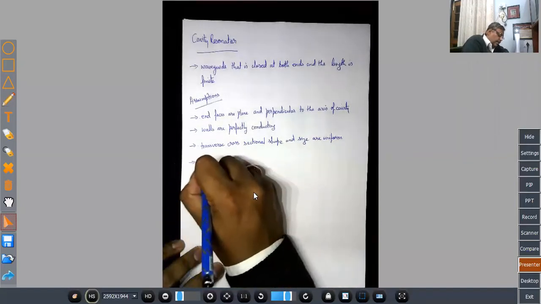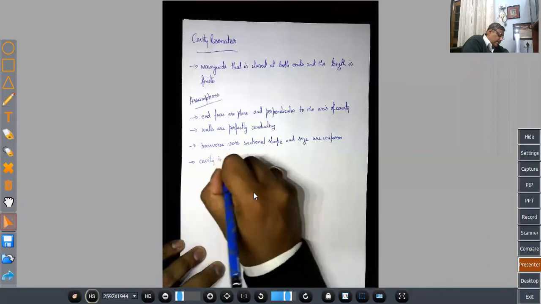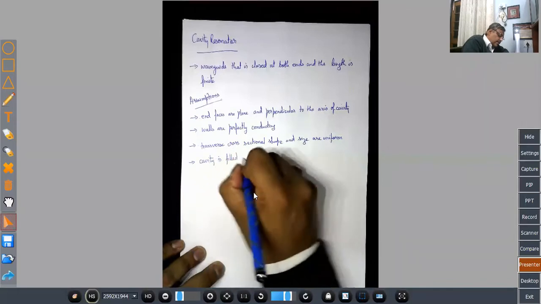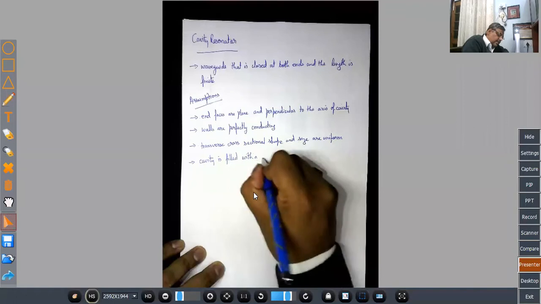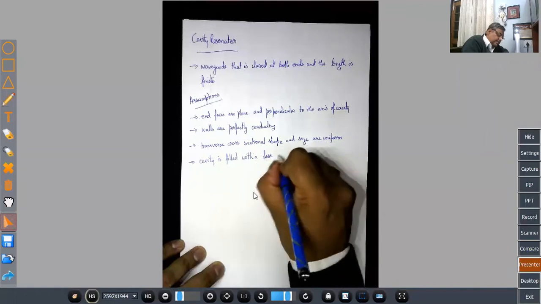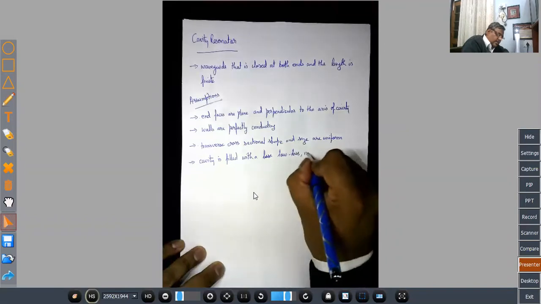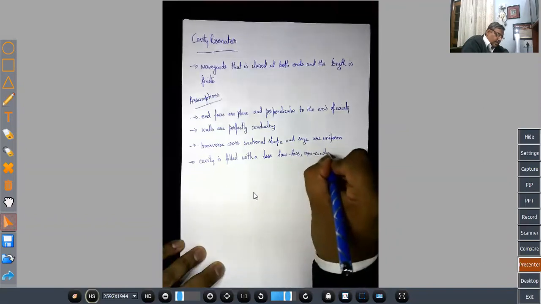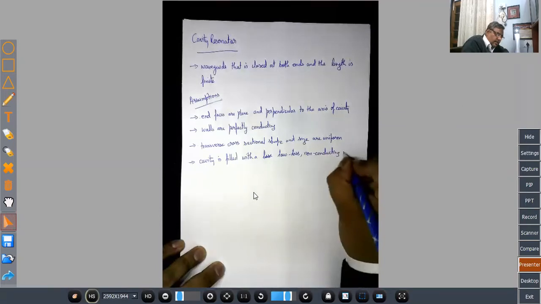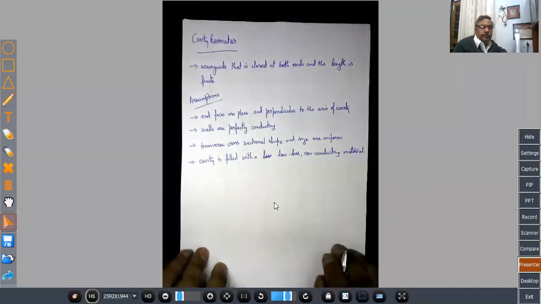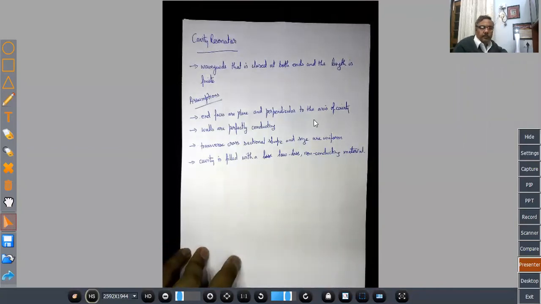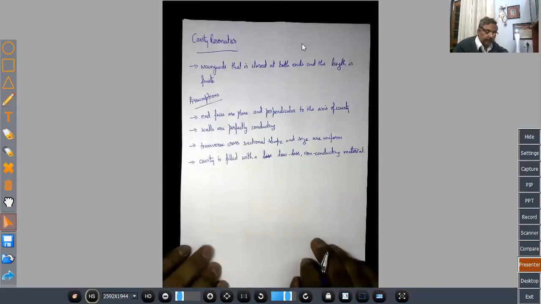And the cavity is filled with a low loss non-conducting material. It may be air also. So these are the assumptions.